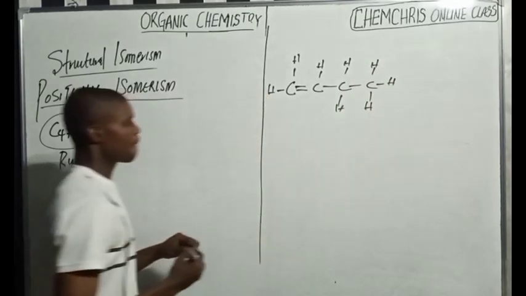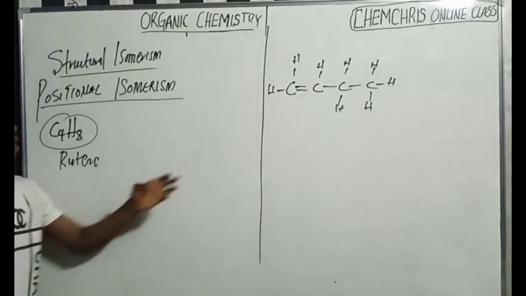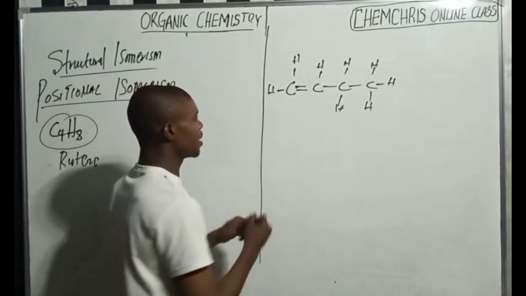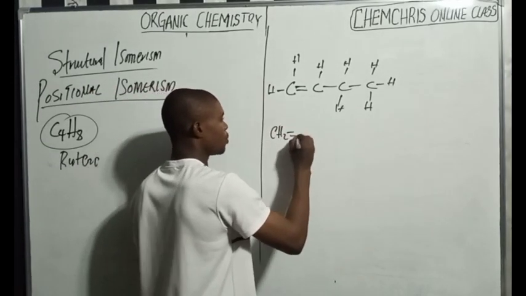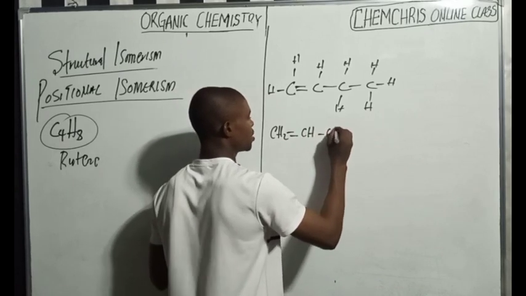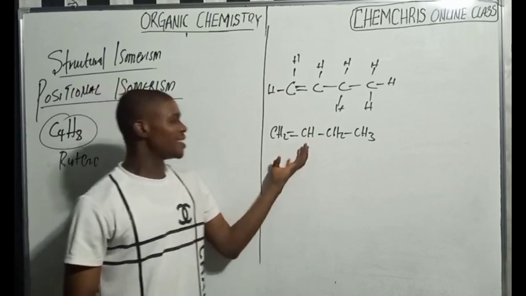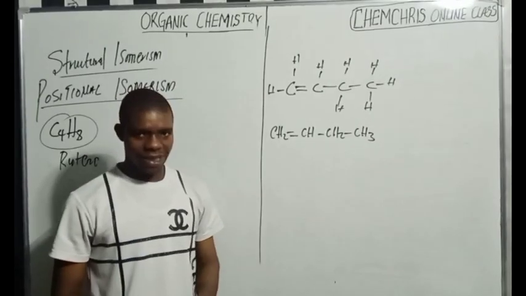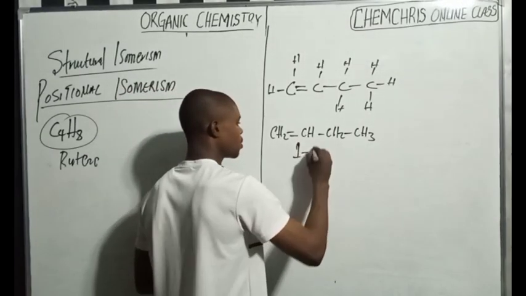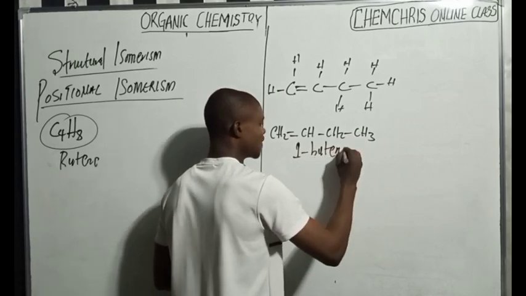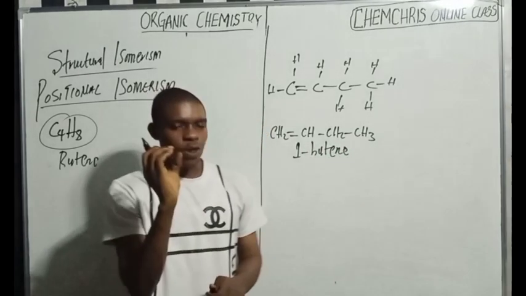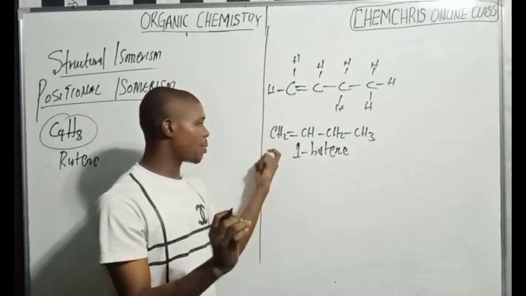Can you see that? Which is going to be CH2 double bond CH, then CH2, CH3. Now, the name of this compound is 1-butene. It contains a double bond, and the double bond is at carbon 1.